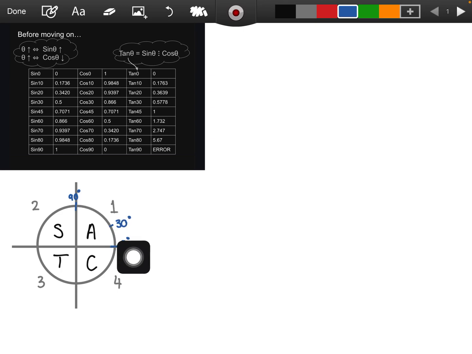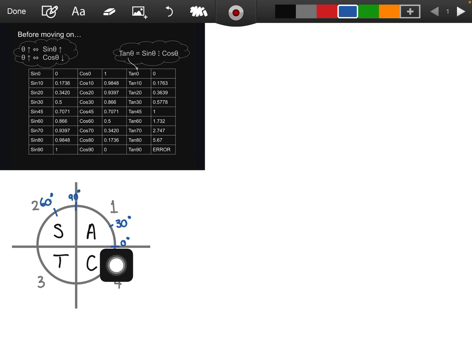As I get more than 90 degrees, the angle that I'm making with the horizontal begins to decrease. So even though I'm moving back, even though my total angle might be getting bigger, the angle with the horizontal actually begins to decrease again. So it'll be like 60 degrees, and it starts moving back towards 0.